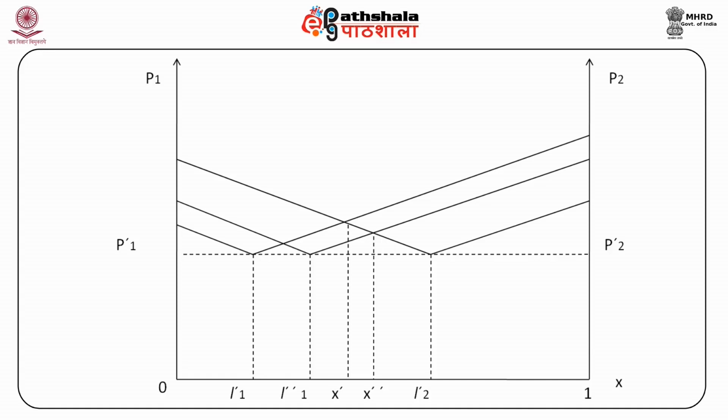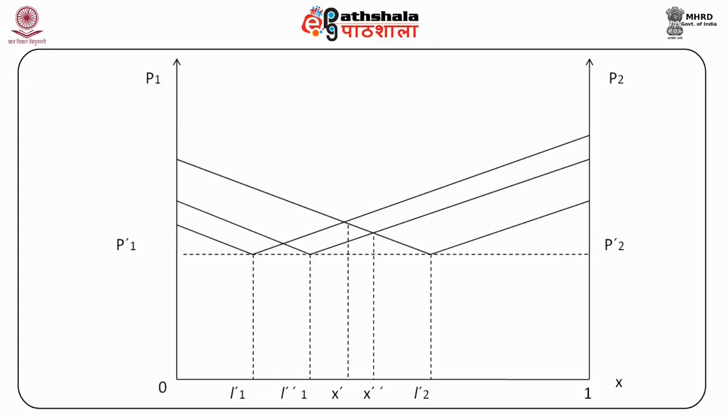Here, we see the direct effect of product positioning. If firm 2 takes a position L2 and, for given prices P1, P2, firm 1 is likely to take two positions, L1' and L1''. From this figure, it can be seen that as firm 1 locates closer to L2, demand for firm 1 increases.